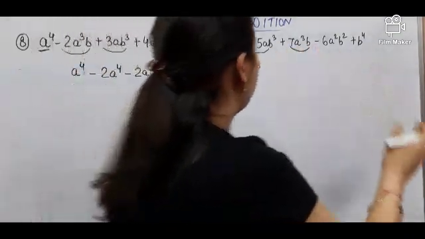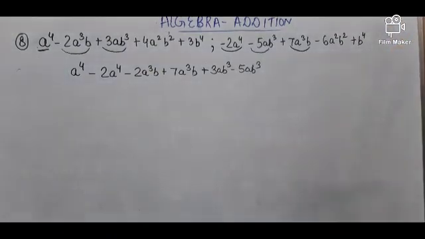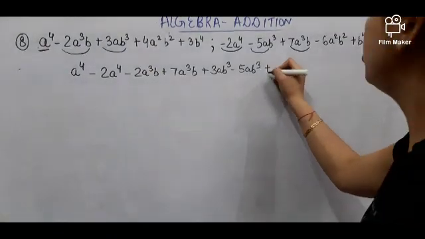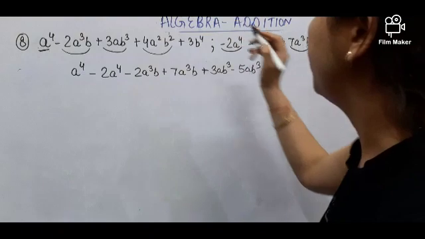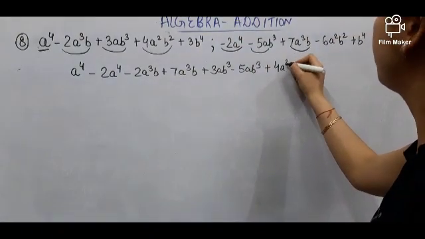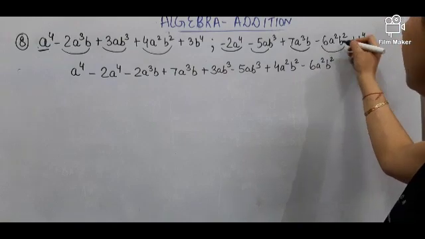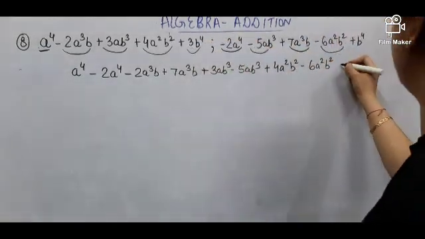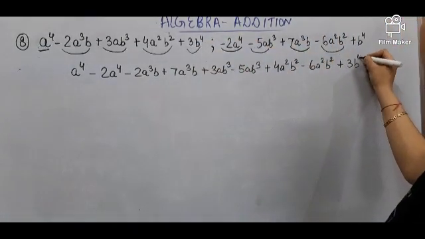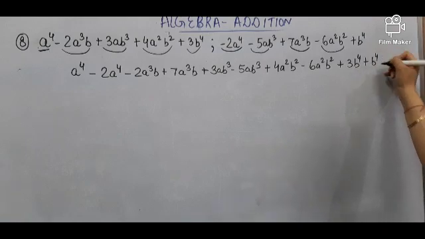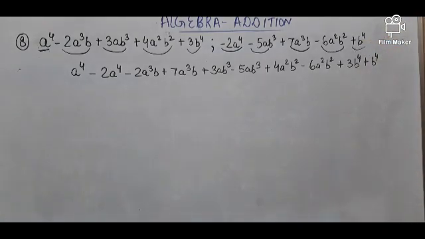You have to remember that you have to write the like terms. You have to combine a square b square minus 6a square b square. Then 3b power 4 plus b power 4 here. So we write all like terms together.